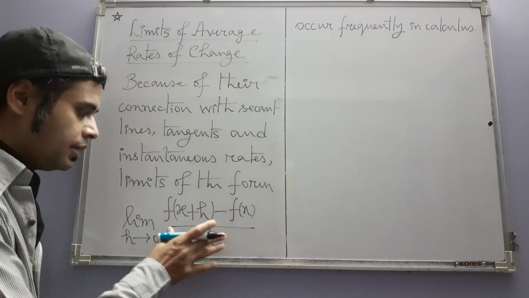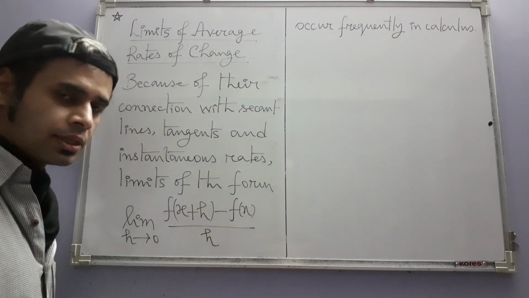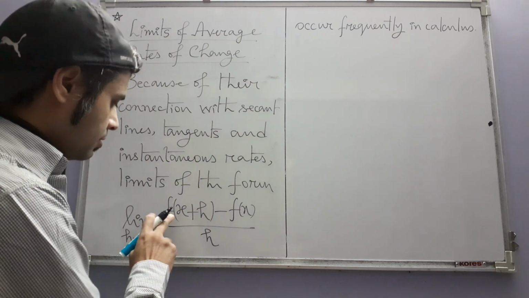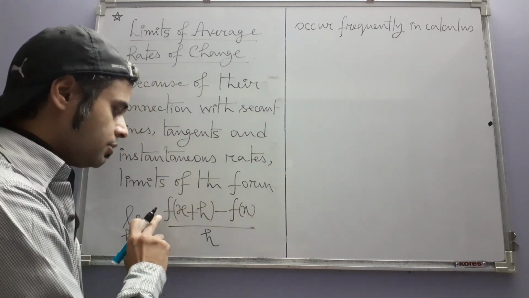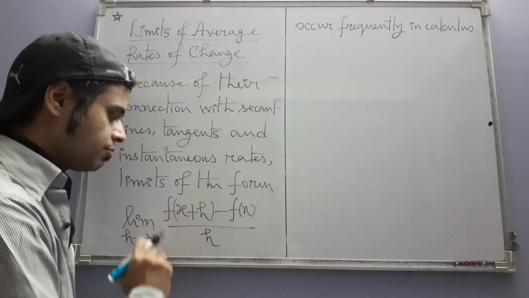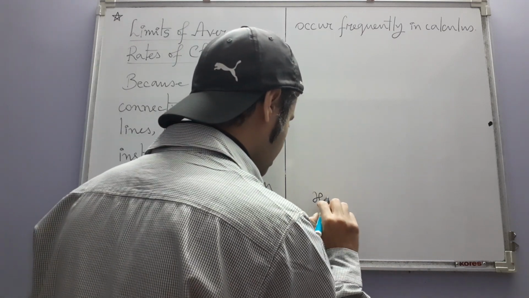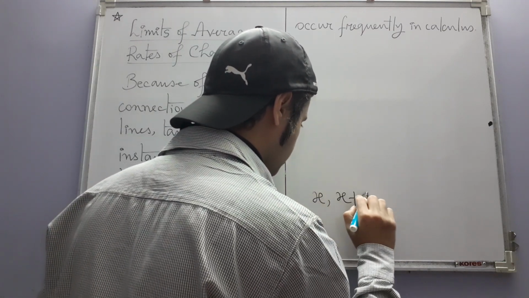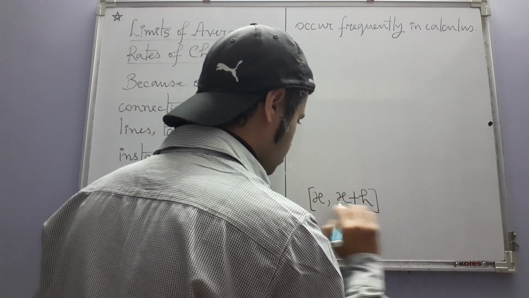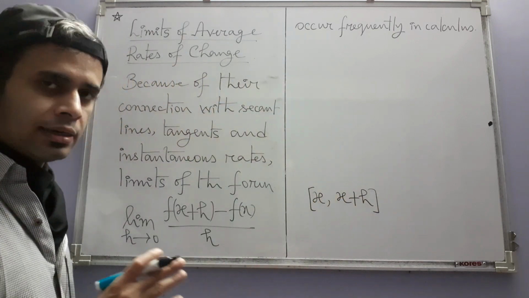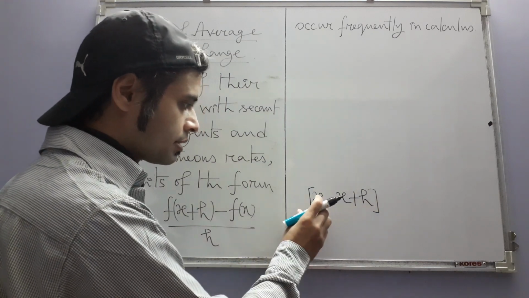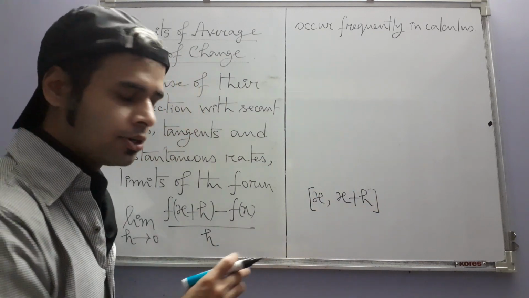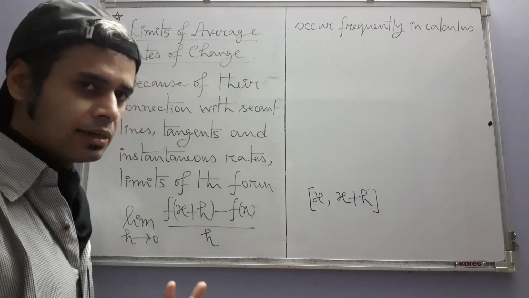You can see that we have in fact encountered this type of thing already. This is the average rate of change of the function f in this interval. Assuming that h is positive. If h is negative, this x minus h will be the left boundary point, x will be the right boundary point. That is understood.